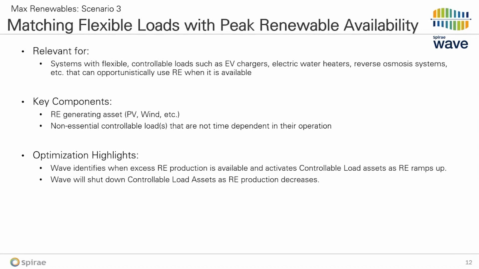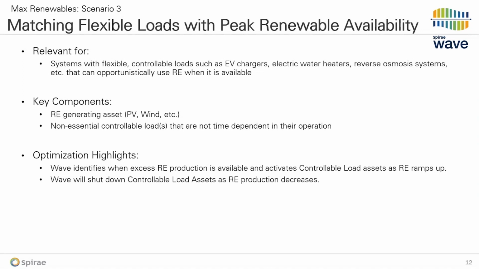So for the next scenario, we're going to take a look at those flexible loads that we have in the system. These might be electric vehicle chargers, electric water heaters, or a reverse osmosis system. We've seen that in literal island applications. You can imagine these as non-essential controllable loads that may not be time dependent in their operation.